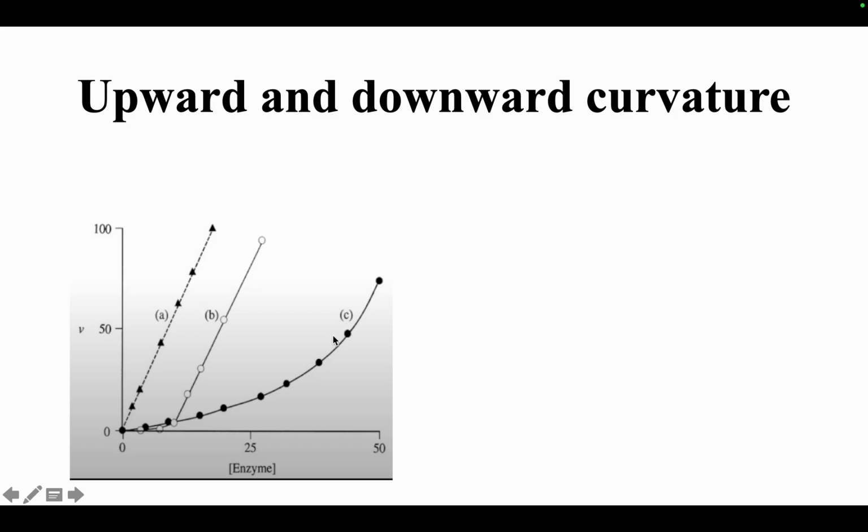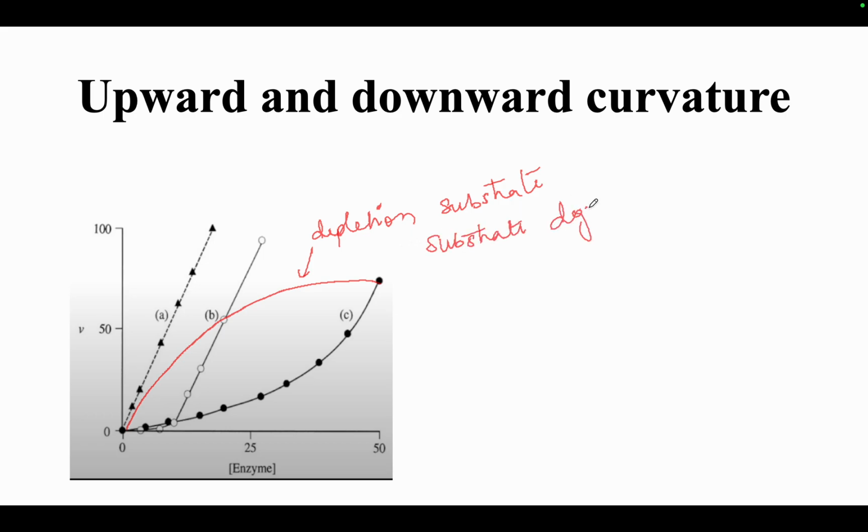Whenever there is a downward curvature like this, it is mostly because of, again, the reasons which we mentioned previously: depletion in the substrate concentration, or the substrate is getting degraded, and because of that the product formation, the velocity, will also reduce.